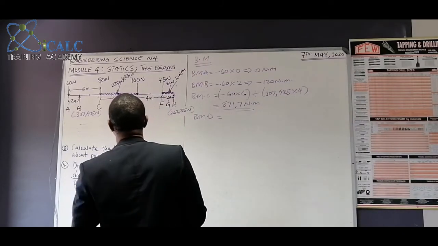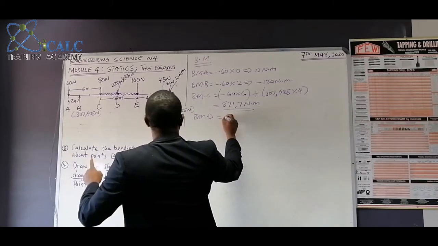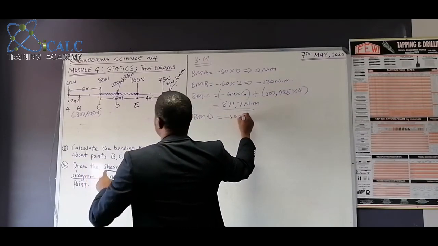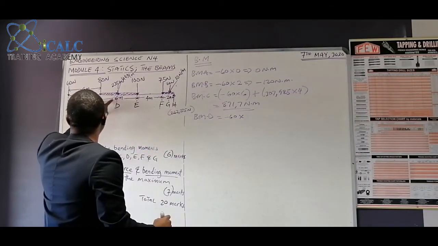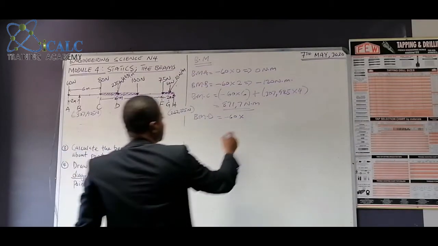So BMD, we say minus 60 multiplied by, this is D point. This will be 3, and this is 6. That is 9.